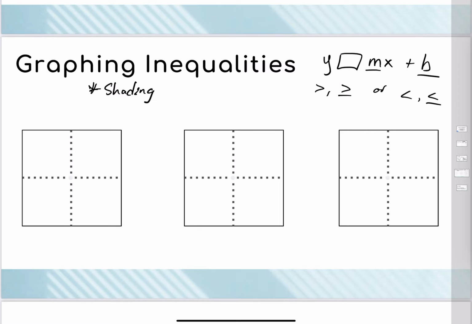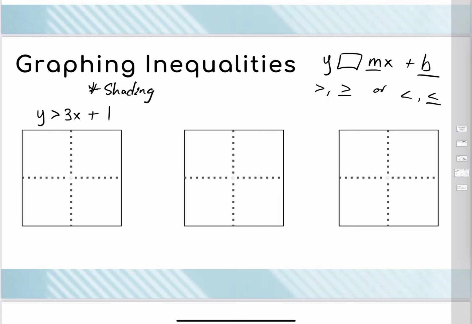So let's use the example y is greater than 3x plus 1. We would graph this initially no different than we would graph the line of the equation y equals 3x plus 1.